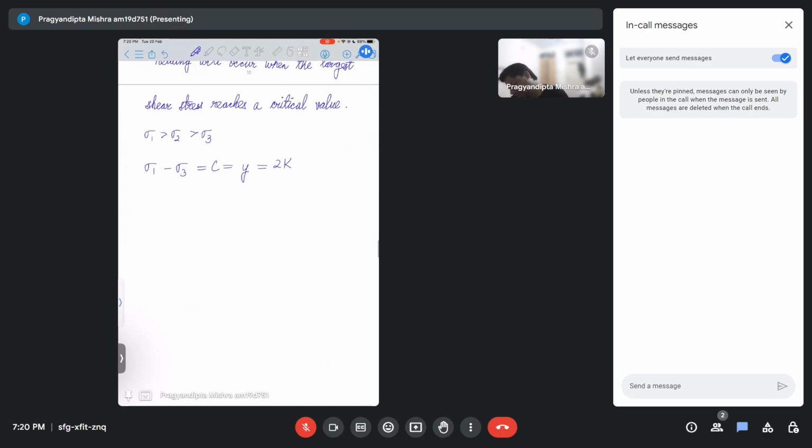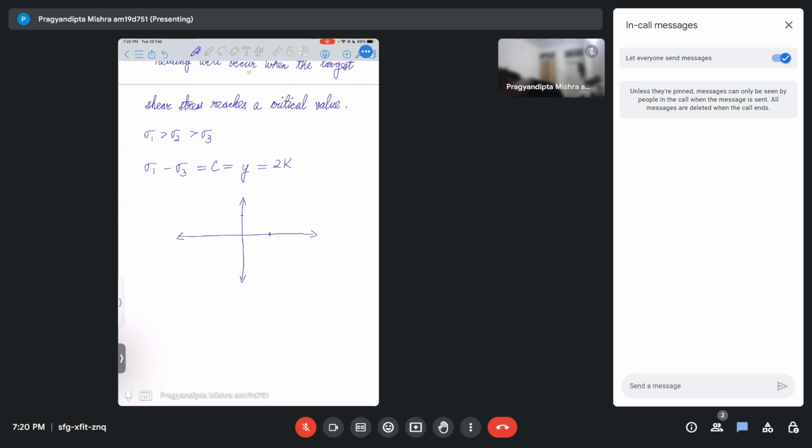Now, if you look at the region that these two criteria are encompassing for a biaxial state of stress, you'll see that there's some yield point.